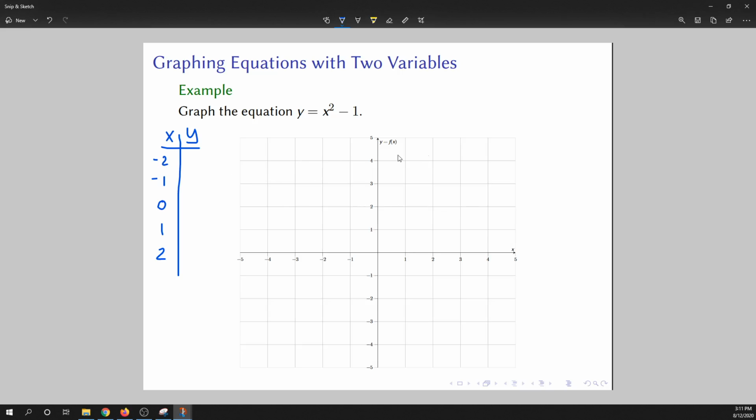All right, so what we do then, just like we were doing in the previous slide, is we basically generate a solution for that value of x that we have. So take this number -2 and I plug it in for x. So when I plug it in for x here, I get (-2) squared.